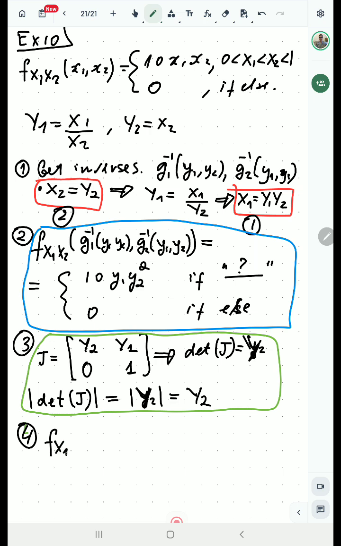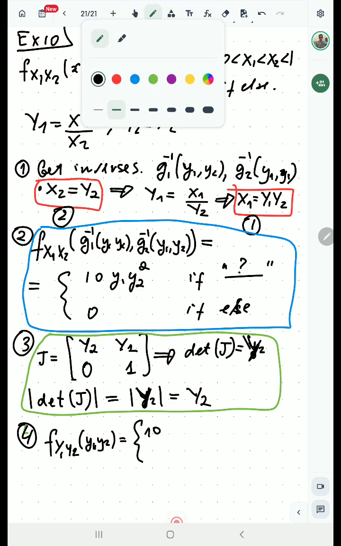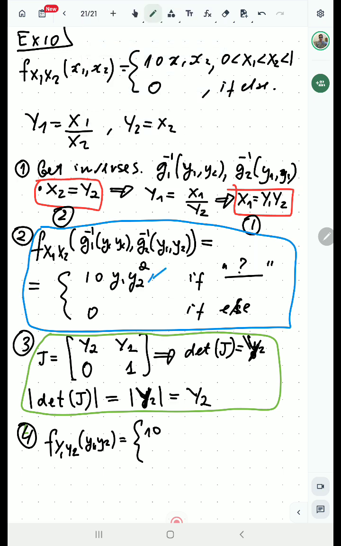You can say that f(x1, x2), f(y1, y2) actually is equal to 10 times, so this animal, 10 times y1 times y2 squared times y2, which is making it y2 cubed, if question marks, and 0 if else.